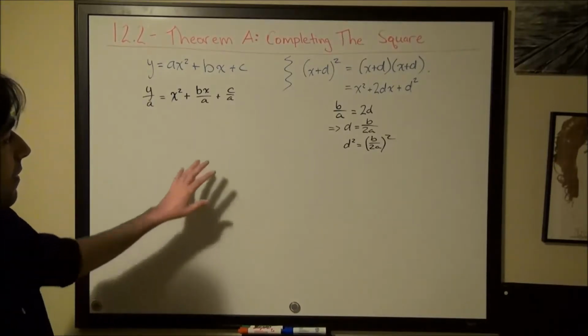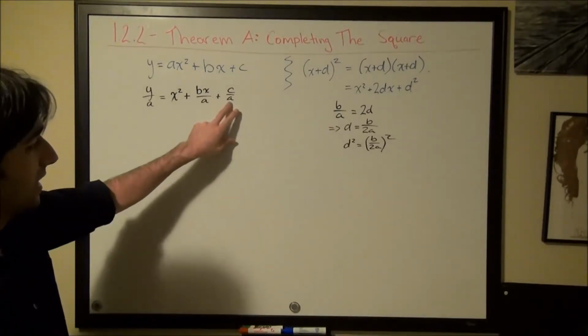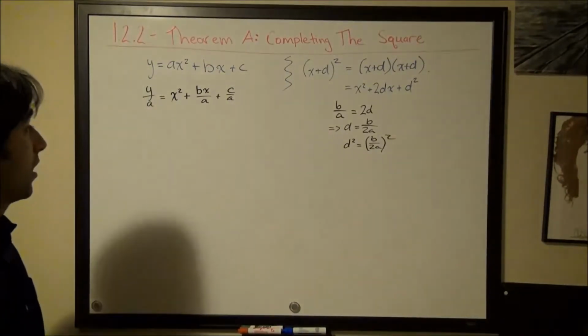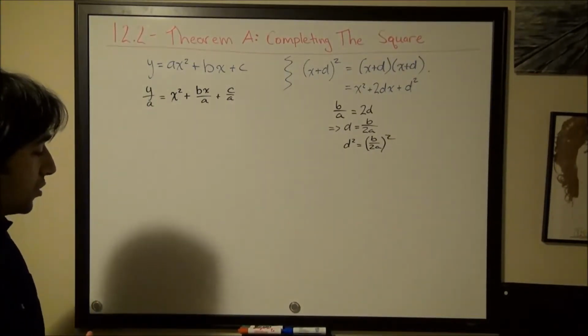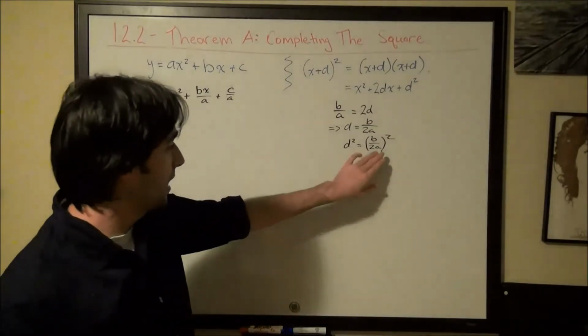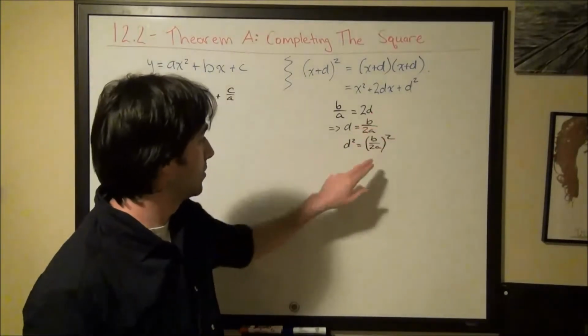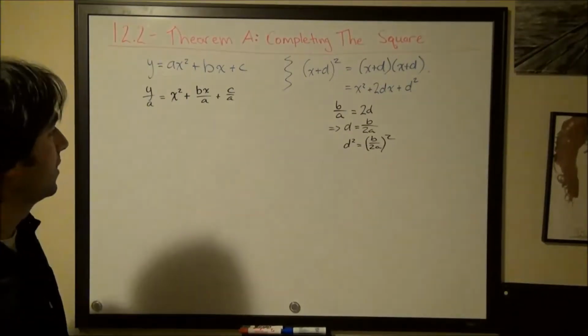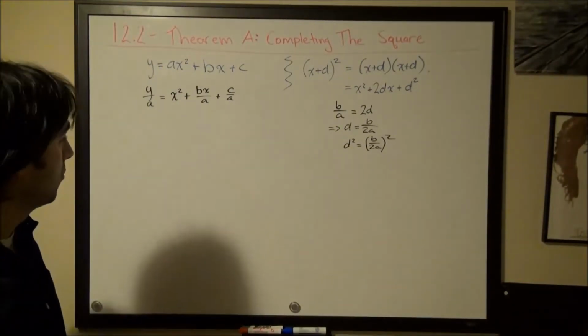Now, c over a is not necessarily going to be equal to that in a general quadratic function. So since we need to have this term in order to be able to complete the square, we're going to have to insert the term into our function.